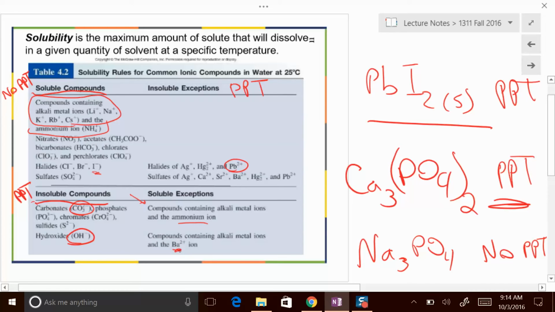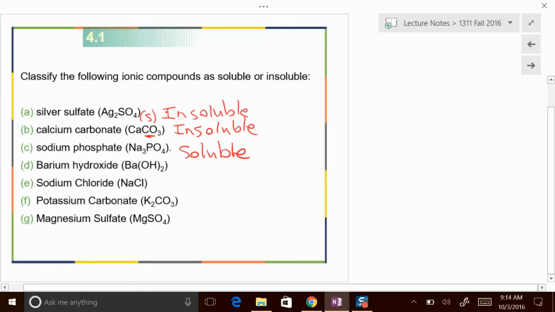Even though it's not an alkali metal, barium is an alkaline earth metal, but it's the only alkaline earth metal that is an exception. So this one would be soluble.